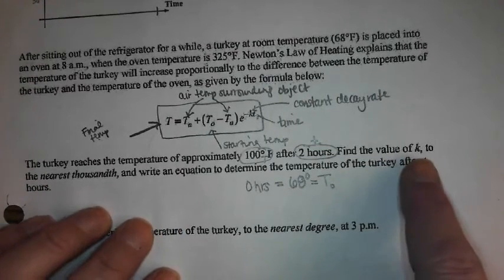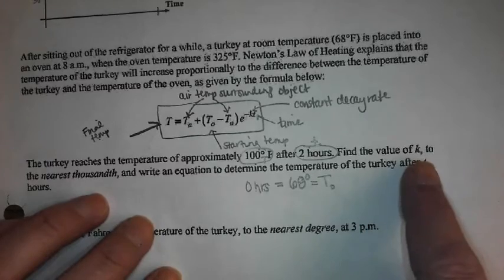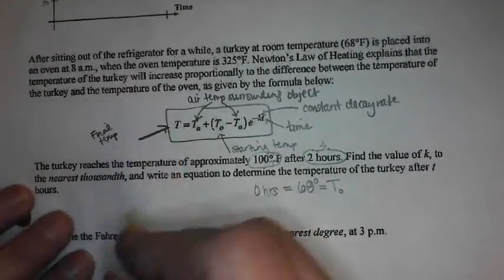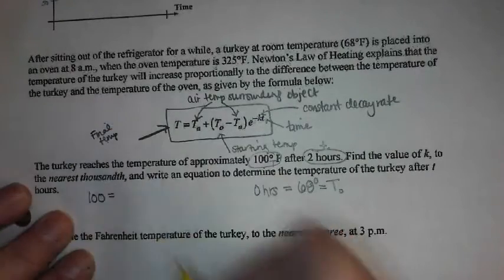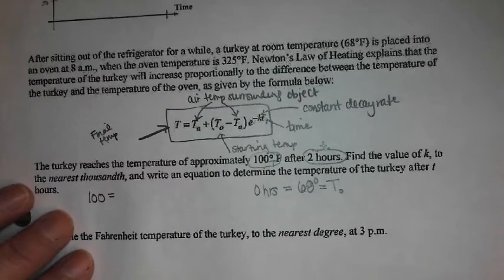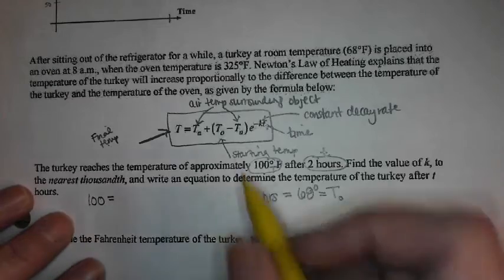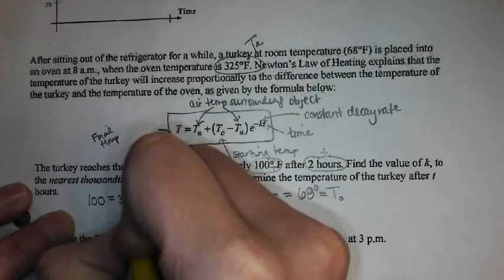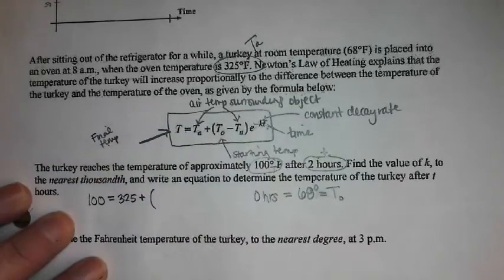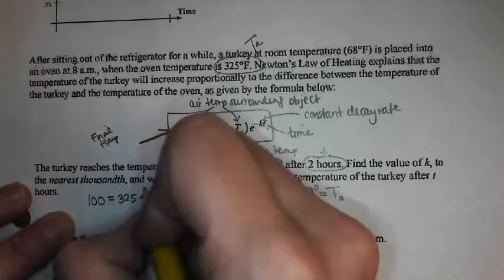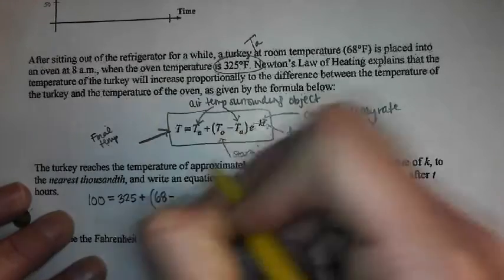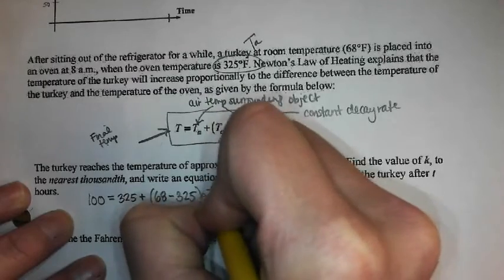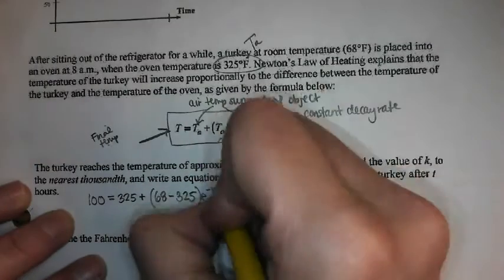Find the value of K, so we're obviously looking for K. So we have capital T is 100. What is the air temperature surrounding the object? 325, that's the oven temperature, that's T sub A. T sub 0 is 68, minus T sub A gets used again, e to the negative K times 2.